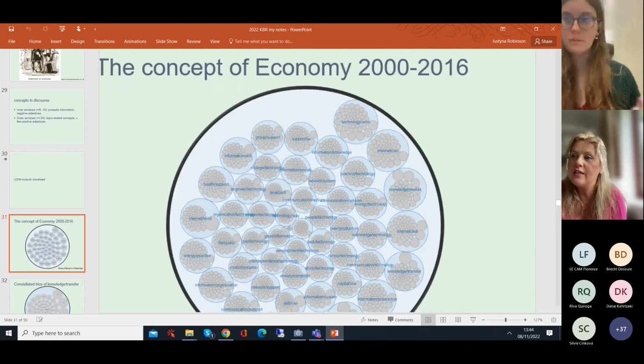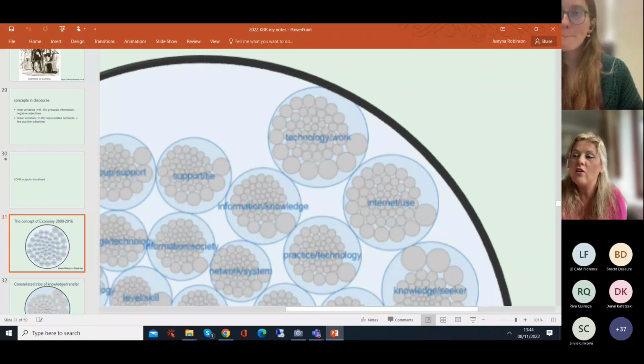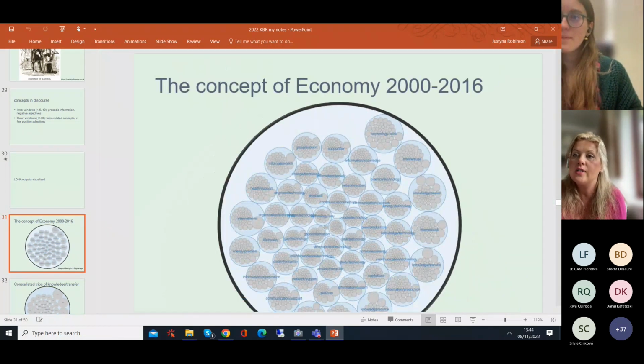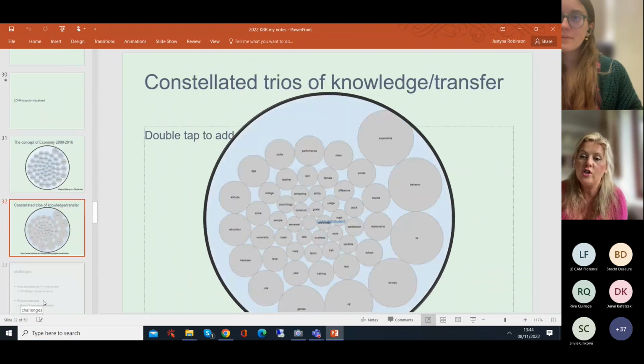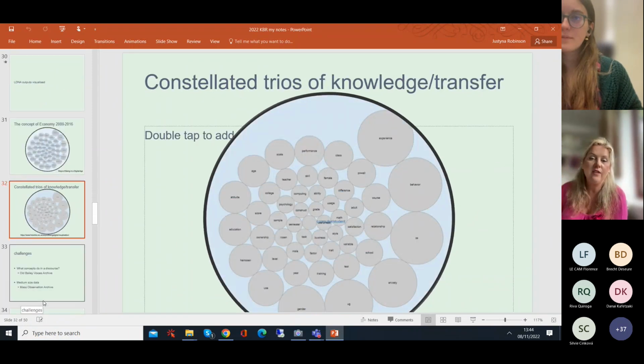So for instance, the first bubble is technology and work, and then internet and use, etc. And if I zoom in on one of the bubbles, knowledge and transfer, it again will have individual concepts there. So that's a way of exploring the concepts, and then using this computational, almost bird's eye view of the conceptual structure of your text to guide you further into a more detailed analysis.